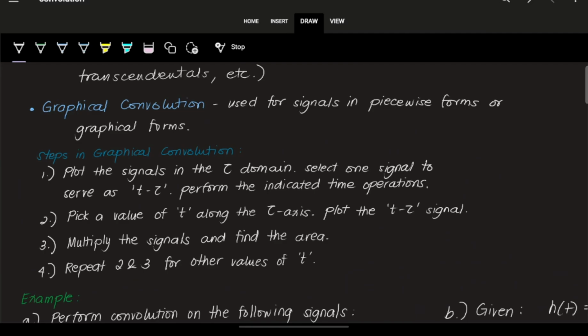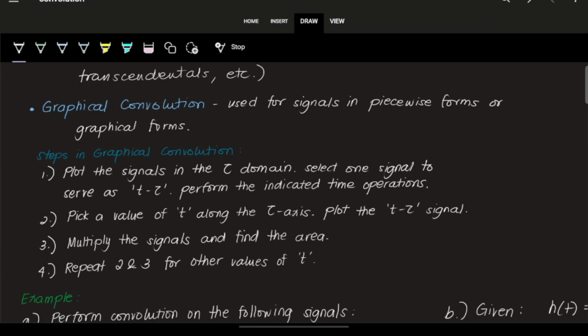And the graphical convolution is derived from the convolution integral. Meron lang tayong syempre certain steps na gagawin. So ano yung mga steps natin in graphical convolution? First and foremost, of course, plot the signals in the tau domain. This is very important because from the name itself, graphical convolution, hindi naman natin makukuha yung sagot kung wala tayong graph.